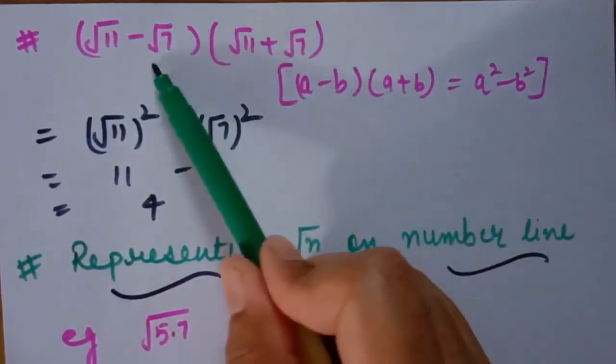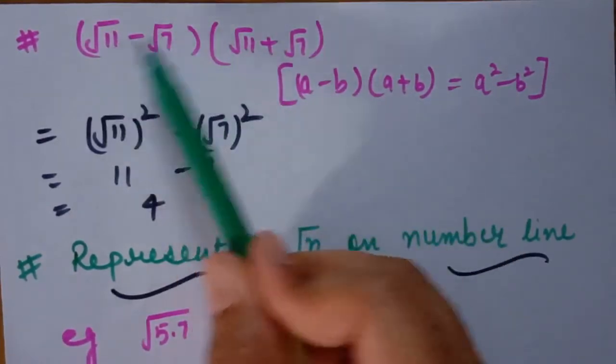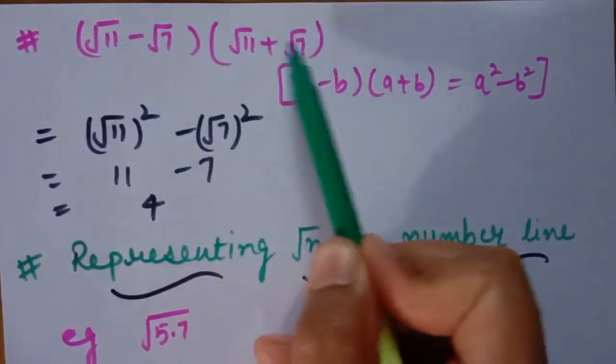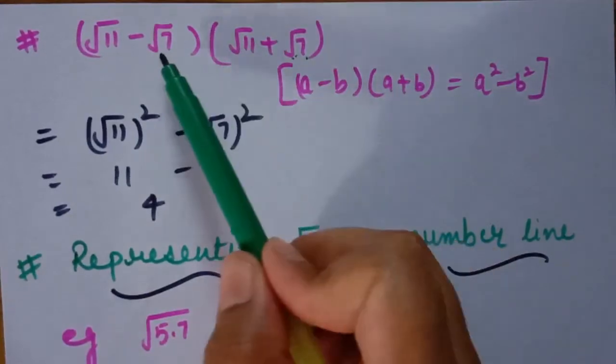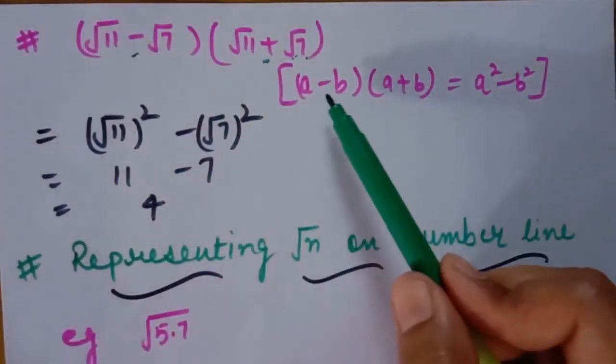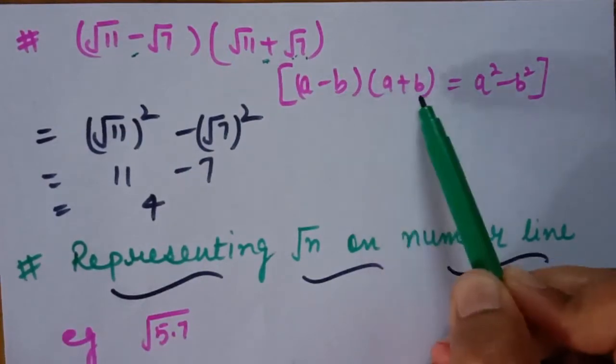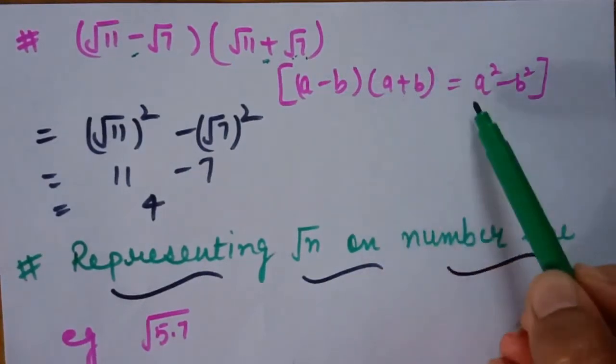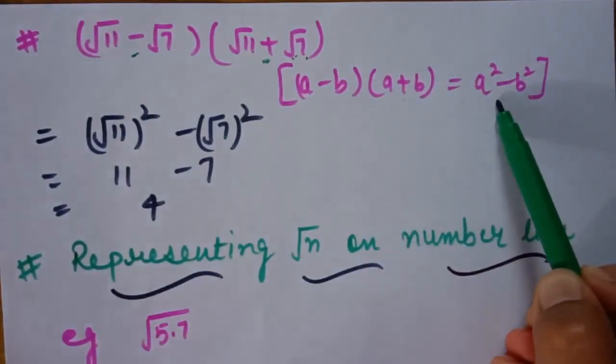In these two algebraic expressions, if you note, the placing of the terms a and b is the same, but only the sign is different. So we know our identity a minus b, a plus b from your previous chapter, which is equal to a square minus b square.